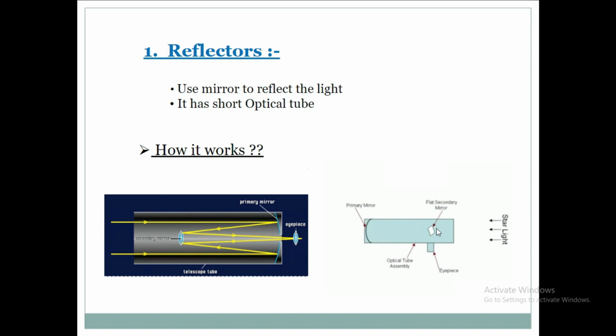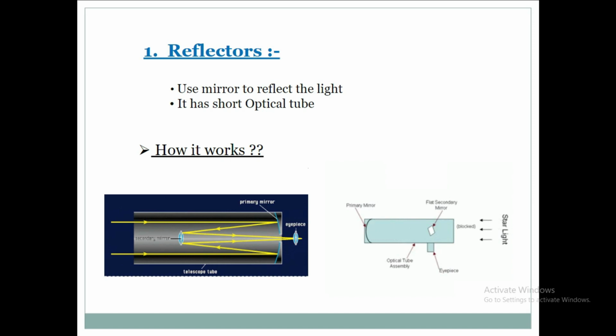Here you can see in this GIF, the light comes from here, touches the primary mirror, reflects from there and goes into the secondary mirror, and from there it goes into the eyepiece. So the reflector type is a bit different from the first type we saw in the refractor. Here it uses mirrors to reflect the light.